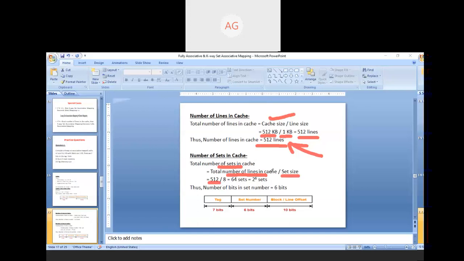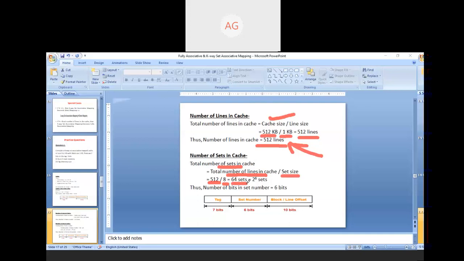So basically the set size is the k value, which is 8 here. So 512 divided by 8 gives the number of sets available here. It comes out to be 64 sets.